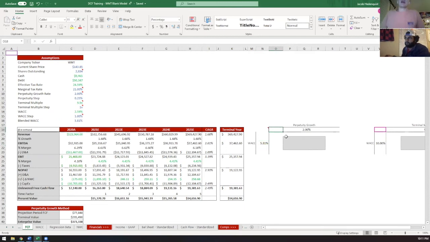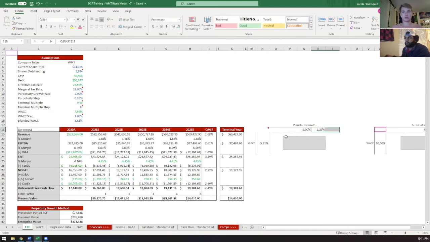Now we're going to say, what happens if we increase the perpetuity growth rate by 0.25%? How is that going to affect our valuation? In order to do that, we're going to take this 2% and make it a range of values. So we're going to add on our perpetuity step right here, and I'm going to lock that in place.